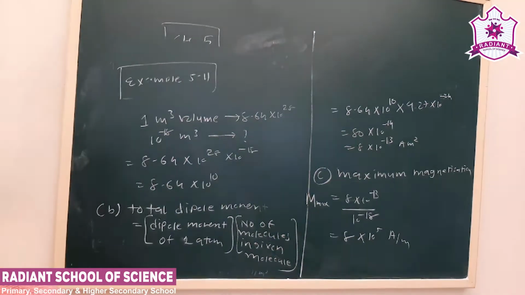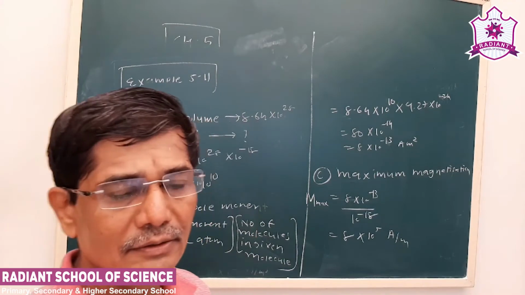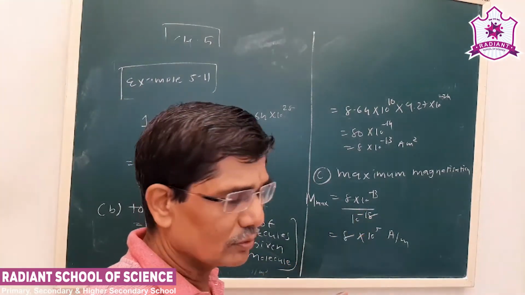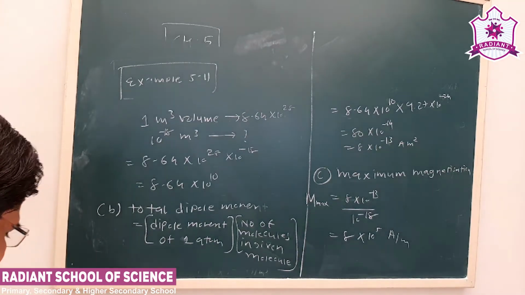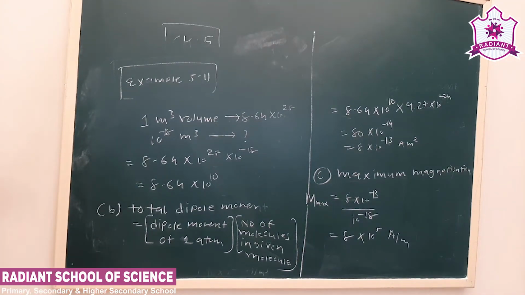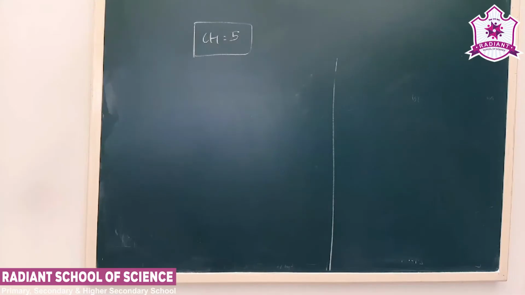From that we have obtained the total dipole moment. And the dipole moment per unit volume is called the maximum magnetization. So this is example number 5.11.